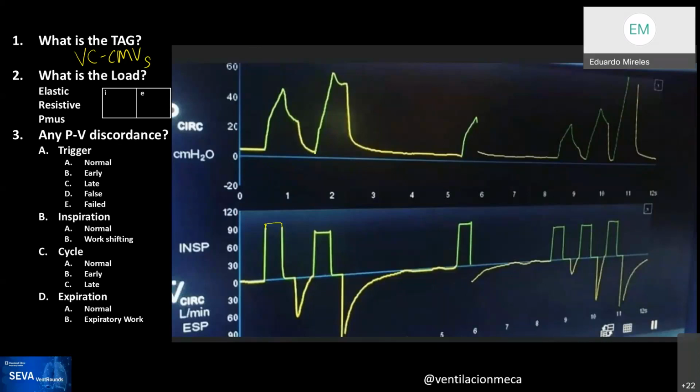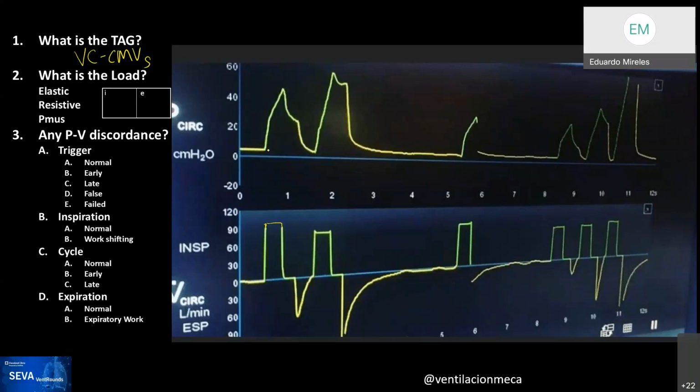This one seems like a patient trigger breath, and you can see that the pressure drops a little bit below. The same with this one over here, and the same with these other two that are extra here. So they seem to be patient effort occurring here.